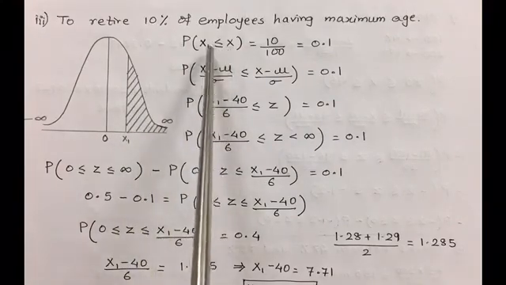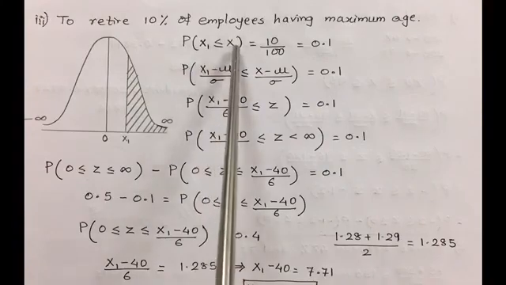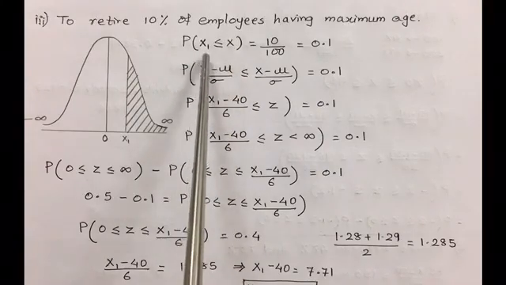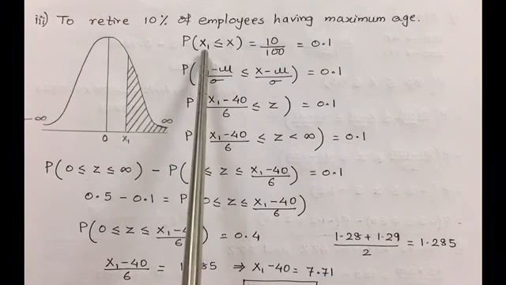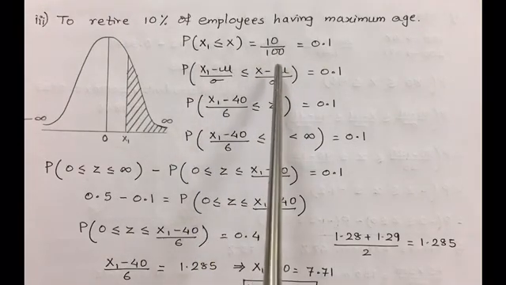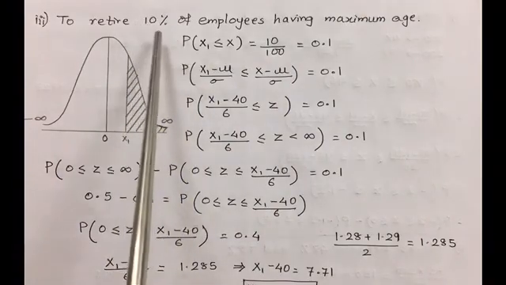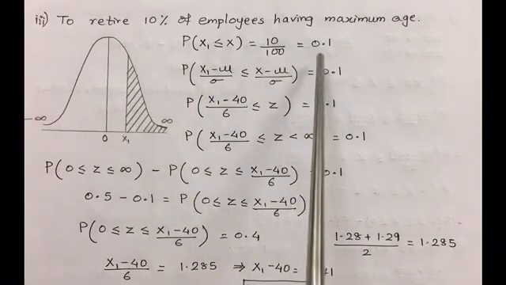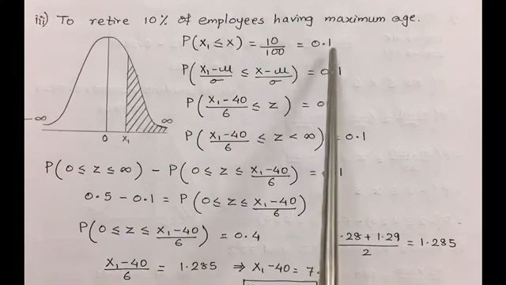Therefore, x is to be written towards the right of x1. So the probability of x1 less than or equal to x is equal to 10 upon 100, as it is 10% employees. So that gives the value 0.1.